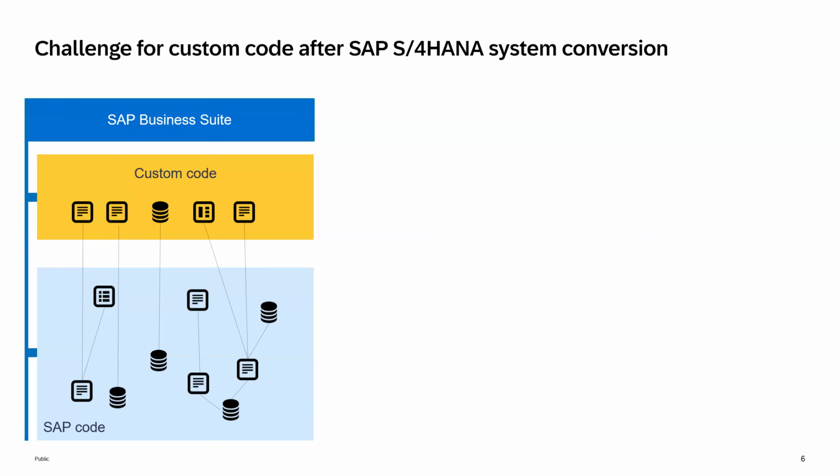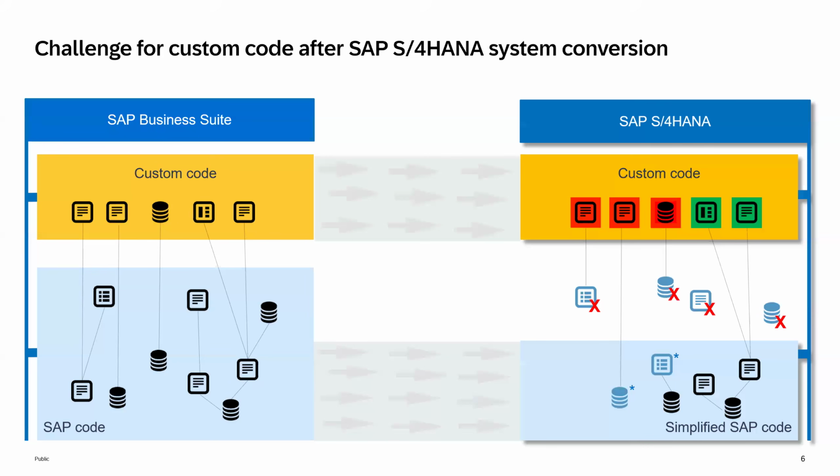But on the other side, if you step into the new S/4HANA world, you will get some problems with your custom code during system conversion to S/4HANA. During traditional business suite upgrades, we have always guaranteed that your custom code is compatible to the new business suite software, but it's not the case with S/4HANA, because in S/4HANA we have simplified a lot of logic, and in some cases we have made the changes in a not compatible way.